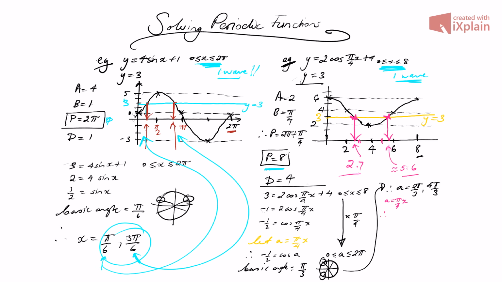So therefore, if we rearrange that, x is equal to 4 on pi times A. So we need to take all of the A values and multiply them by 4 on pi. 2 pi on 3 times 4 on pi, and 4 pi on 3 times 4 on pi. Okay, so therefore we get x is equal to 8 on 3 and x is equal to 16 on 3.